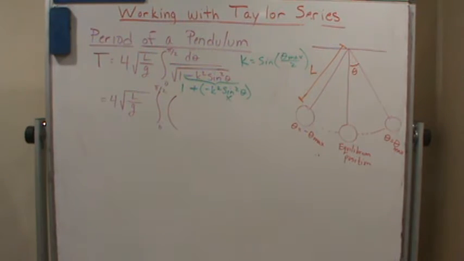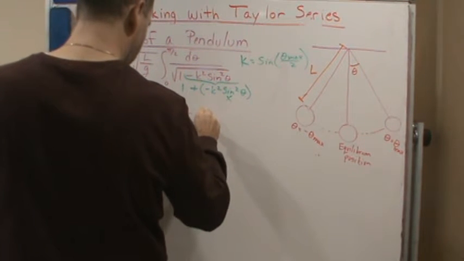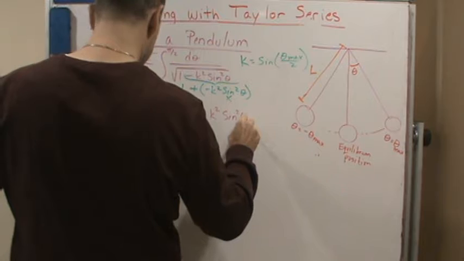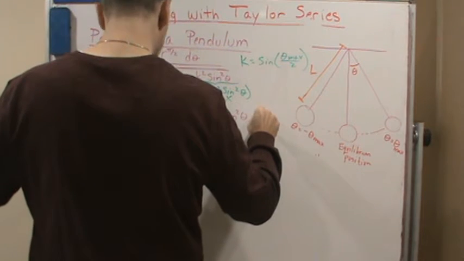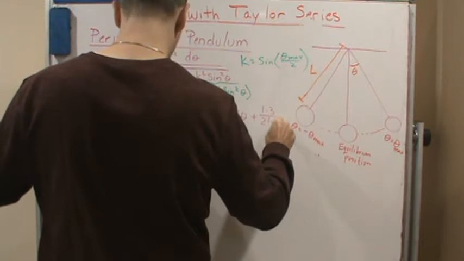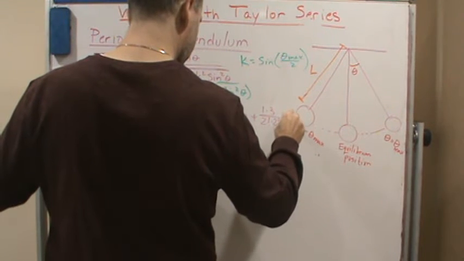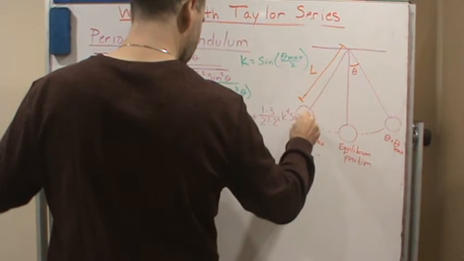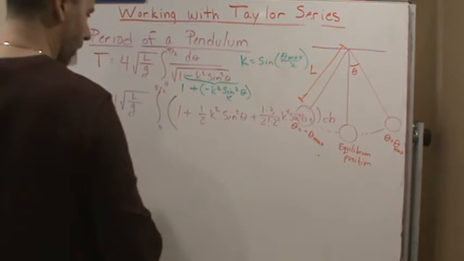Well, our series becomes 1 plus 1/2 k squared sine squared theta plus 1 times 3 over 2 factorial times 2 squared times k to the 4th times sine to the 4th power of theta, and then it keeps going. D theta.